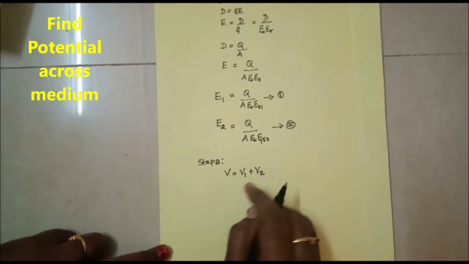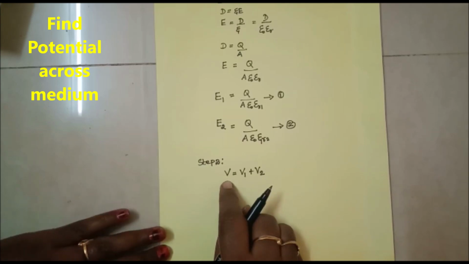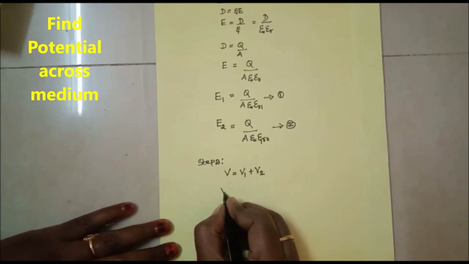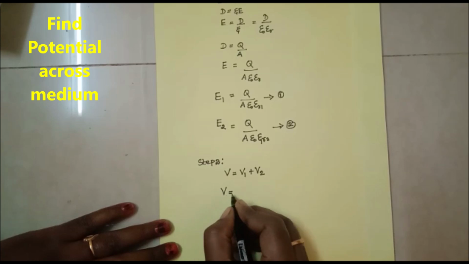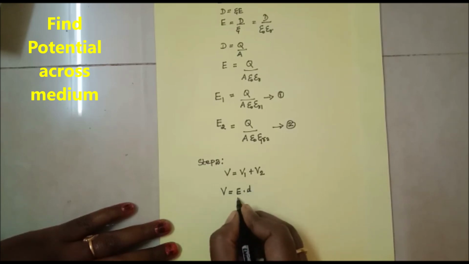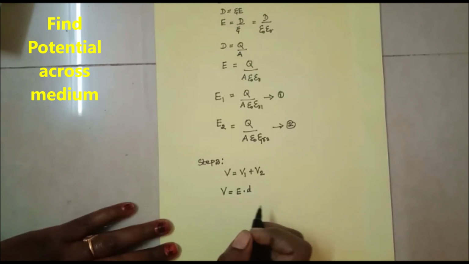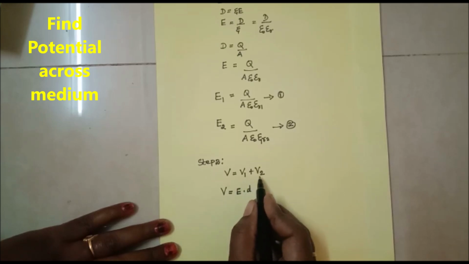So from step 1 we are going to write the expression for the potential drop, that is V. Now we know the relation between potential and electric field intensity, where V is given as E dot D, where E is electric field intensity and D is the distance. By using this general formula, we write the expression for V1 and V2.